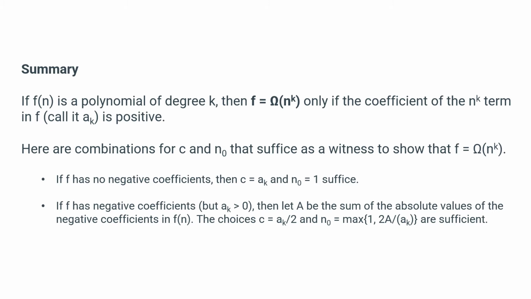The two methods for coming up with C and N naught we've already talked about, but here they are all on one page. So that would be something else you could print off and look at quickly and easily if you had to come up with those witnesses for showing that a polynomial function is omega of something.